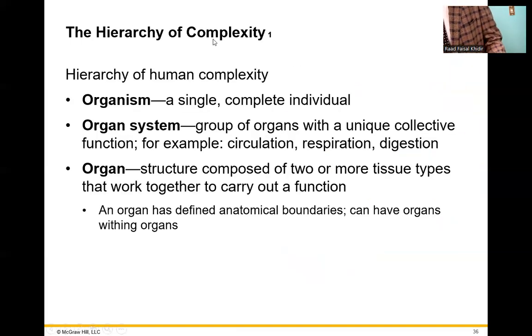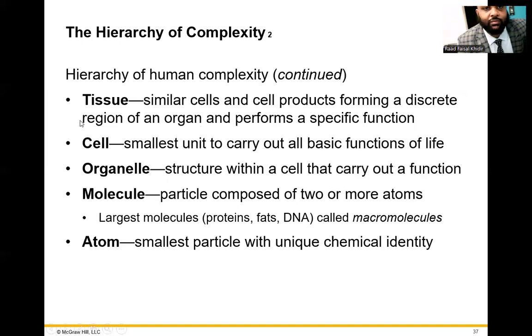Okay. So we said that an organism is a single complete individual. Below that is an organ system, like the example I gave with the skin. It has epithelial tissue, nerve tissue, and blood vessels. So that shows you that you have multiple tissues working together. And then you have an organ, which is a structure composed of two or more tissue types that work together to carry out a function.